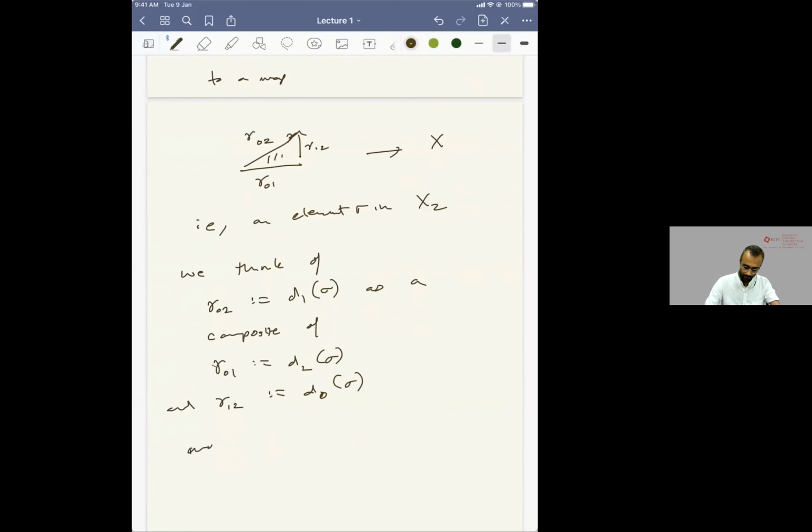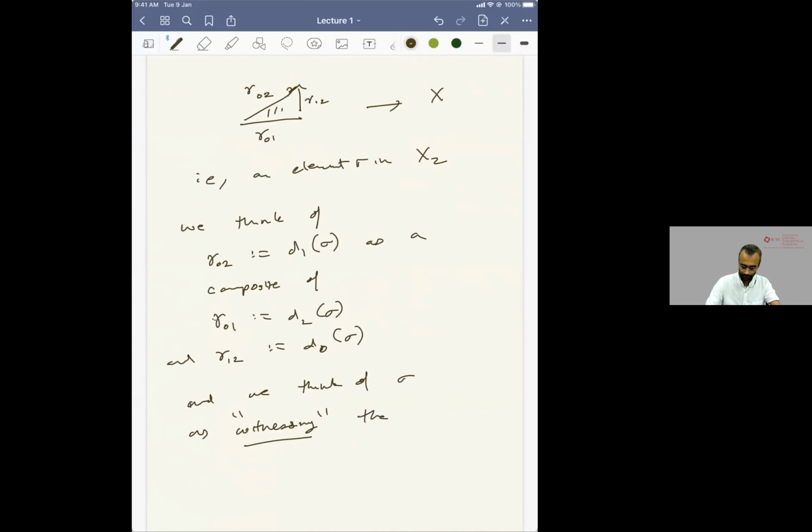And we think of sigma as witnessing the fact that gamma 0,2 is a composite of gamma 0,1 and gamma 1,2.